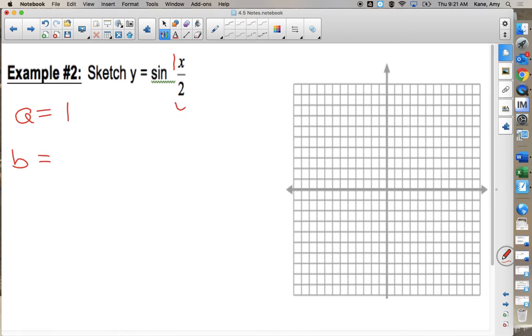I could also write this as the sine of 1/2 times x. That means the same thing. So if I have x divided by 2, I'm taking x and cutting it in half. Or it's the same thing as taking half of x. They mean the same exact thing. So the b value is 1/2.